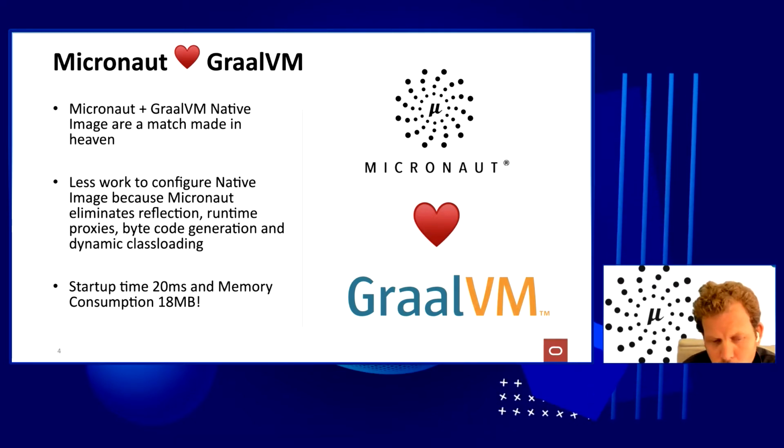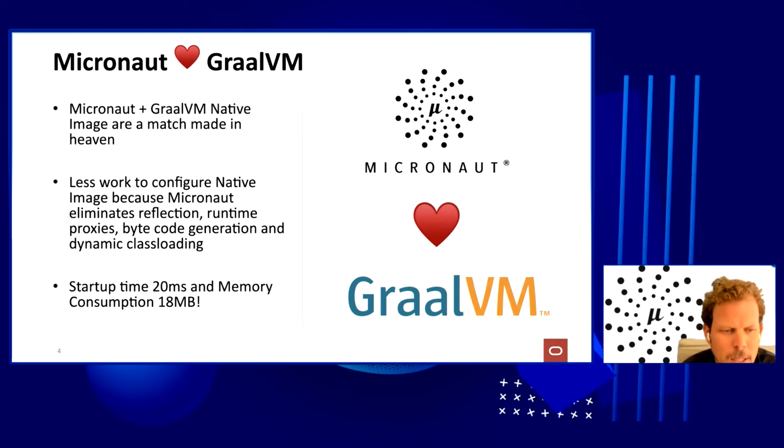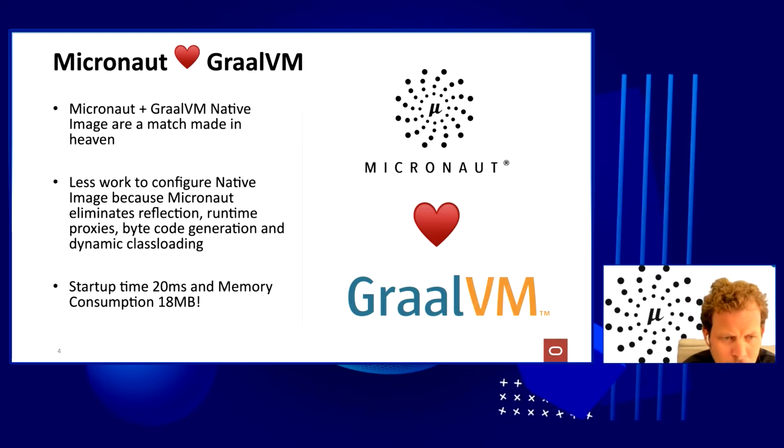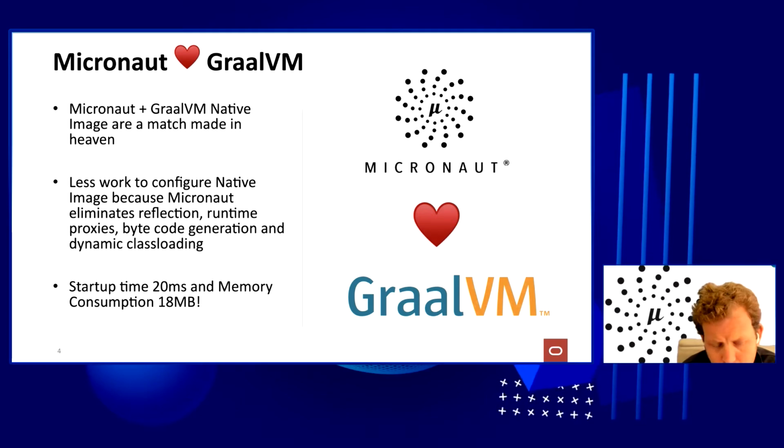Now, GraalVM supports all of these features, but you have to pass in additional configuration to enable the use of reflection or runtime generated proxies or bytecode generation or dynamic class loading and so forth. Whilst with Micronaut, none of that configuration really needs to be fed in.